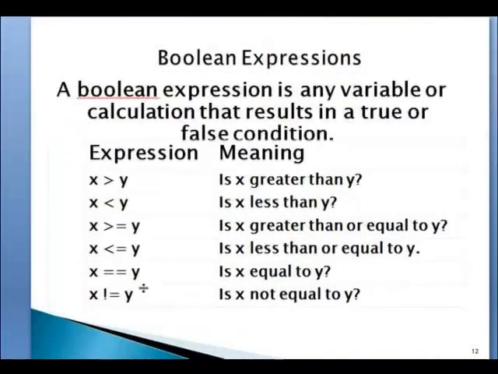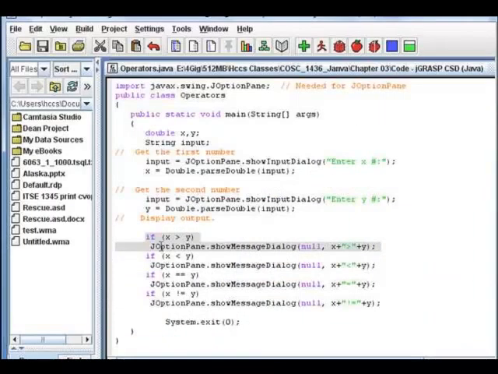This is another example right here. So you're going to see x greater, x less than, x greater equal, less than equal, and different forms of the Boolean expression. Each of these scenarios we call a Boolean expression. For example, right here, this if x greater than y could be true. If it's true, it goes to this display.